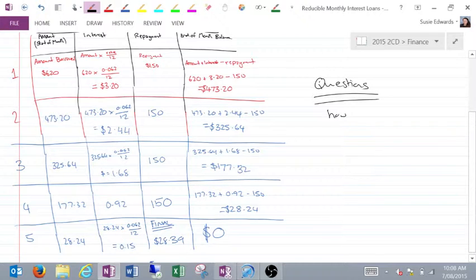How much did you pay for the entirety of the loan? How do you reckon we work out how much you paid for the entire loan?